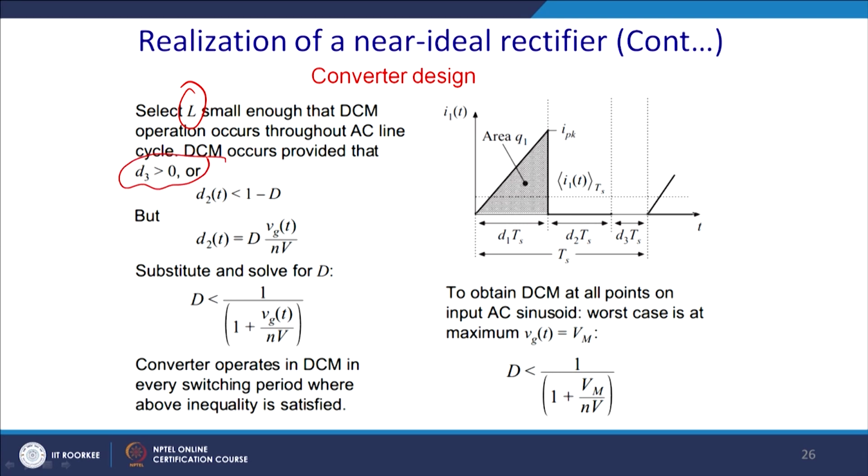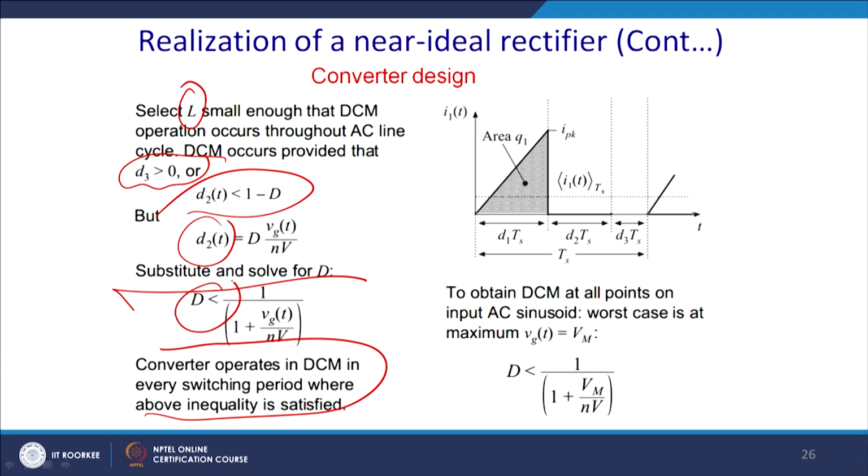Again, in that case it is a buck operation as I told you, and since D2 is D Vg by NP, from there we can solve the value of D, and ultimately we will find it as 1 by 1 plus Vg by NV. So, the converter operates in discontinuous conduction mode every switching period where the above inequality is satisfied.